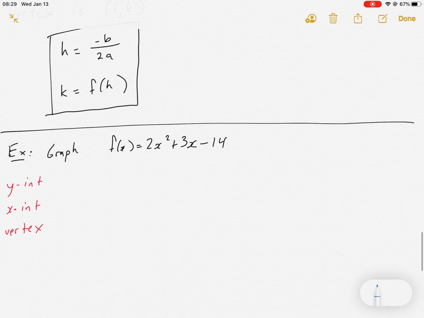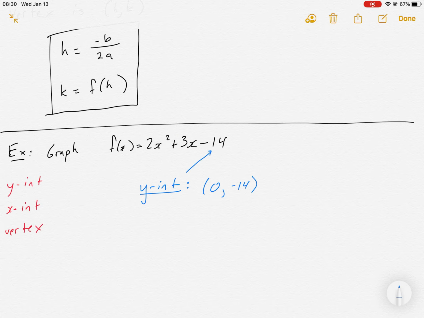Let's go ahead and get the y-intercept first. That's usually the easiest when you're in general form. The y-intercept is just right there. So it's going to be the point (0, negative 14). You could get that if you plug 0 in for x, the first two terms just go away and you're left with negative 14. Let's do the x-intercepts.